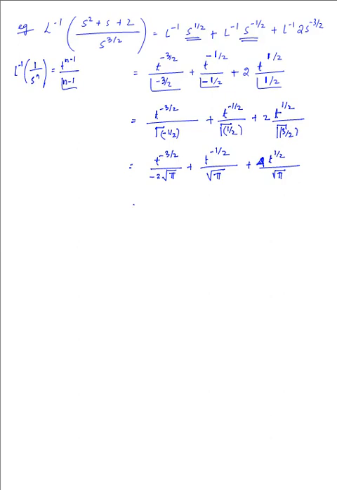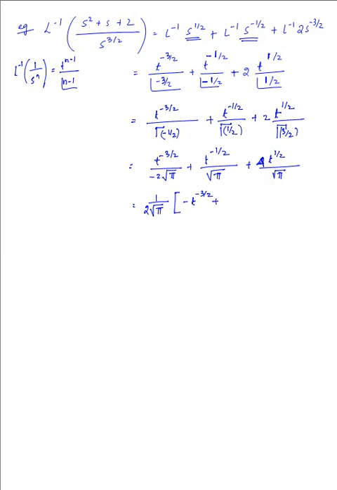So we can take all those root pi terms as the common denominator, and so we have 1 over root pi, and this one we can take the 2 as the LCM as well, so we can take the 2 over here. For the first term we have a negative sign, so this is minus t raised to the power minus 3 over 2.